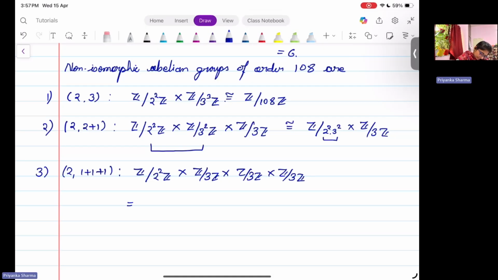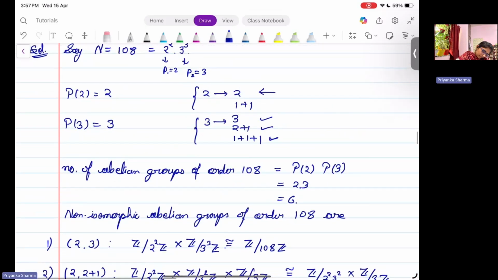And this is isomorphic to Z mod 2 square, which is the highest power of 2 appearing here, times 3, which is the highest power of 3 appearing in this direct product form, cross Z mod 3 Z cross Z mod 3 Z.